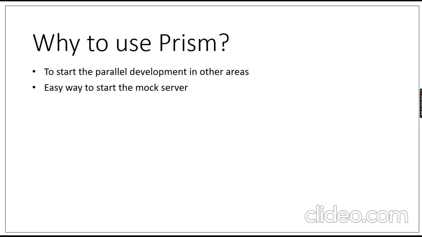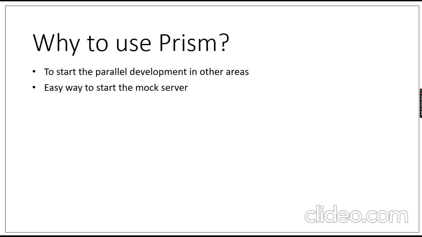Even if you have not started the code, or your development is in progress, they can be unblocked. With the help of this mock server, they can have the actual look and feel of the API. These APIs will have all the endpoints that are supposed to be in your application, and it will give you the response as per the request.